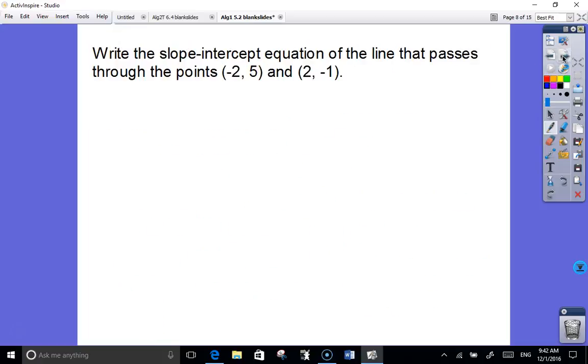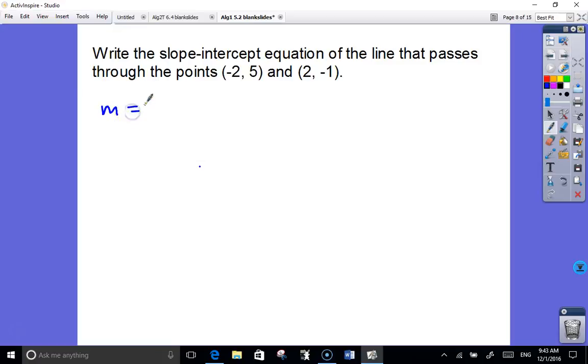Okay, so now we don't have the slope and a point. We got 2 points. So how do you think we'll proceed if all we know is 2 points? What can we do with 2 points? Find the slope, right? If you just have 2 points, then the natural first thing to do is calculate the slope.